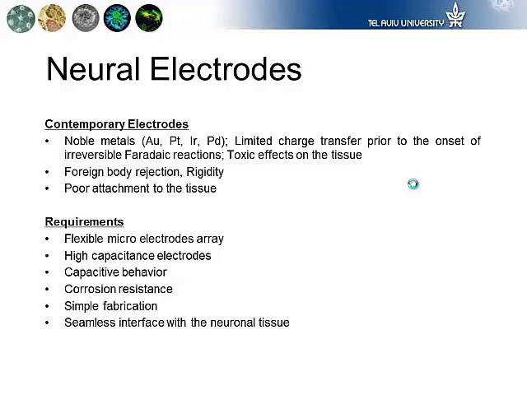Ideally, if you now move to the domain of what you would like to have, electrodes which are very flexible. Ideally, since we're talking about electrochemical electrodes, these should not be Faradaic electrodes, but capacitive electrodes. Ideally, you want systems without corrosion, with simple fabrication, and hopefully something that can interface very simply with the physiological system.